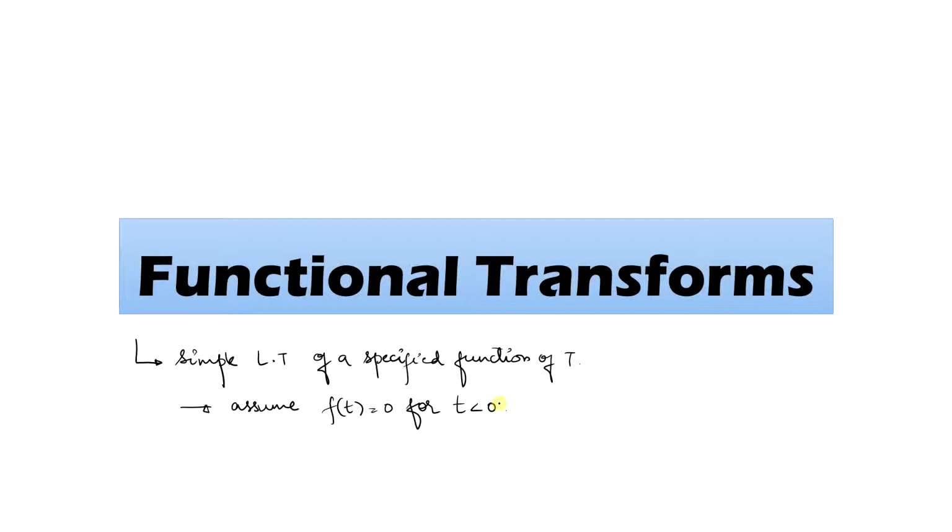We look into the first one, the decaying exponential function. The decaying exponential function is given as f of t equal to e power minus at into u of t, where a is greater than 0 and u of t is the unit step function.